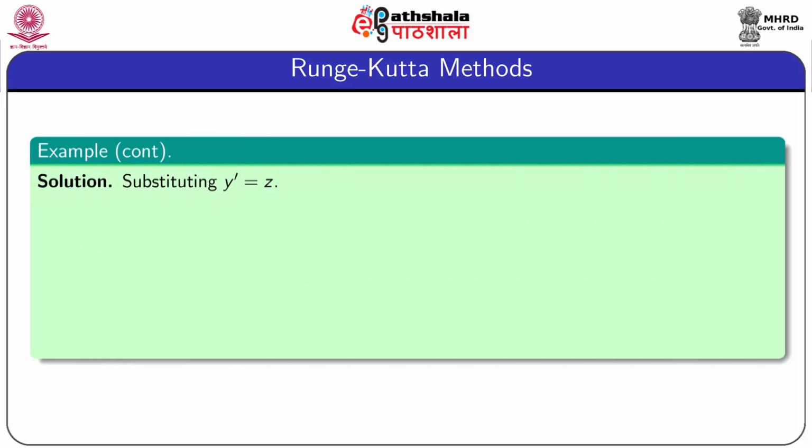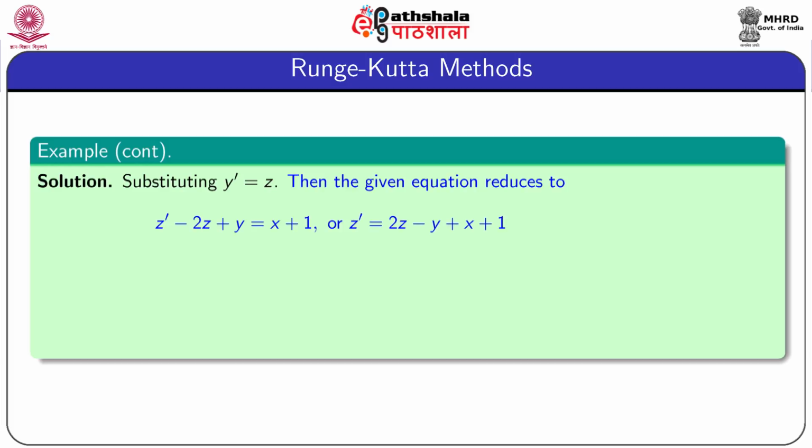For this purpose we assume that dy/dx equal to z, then the given equation reduces to dz/dx minus 2z plus y equal to x plus 1, or it can be written as dz/dx equal to 2z minus y plus x plus 1, and let it be g of x comma y comma z.